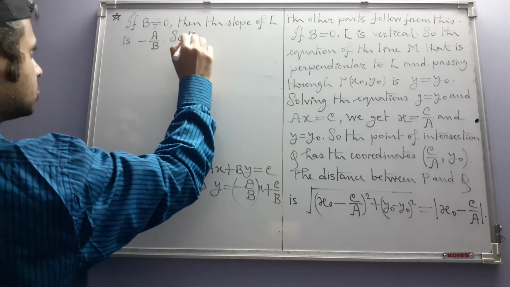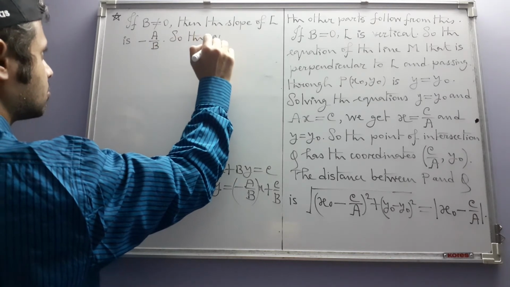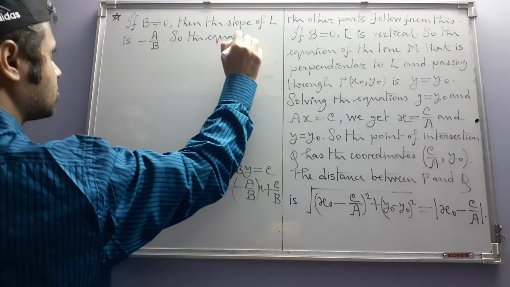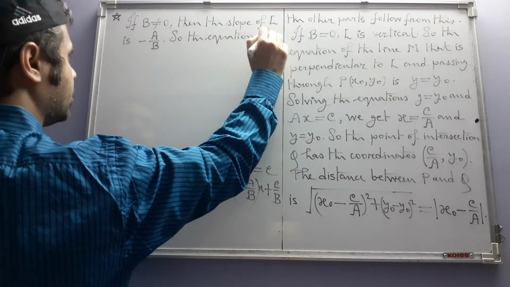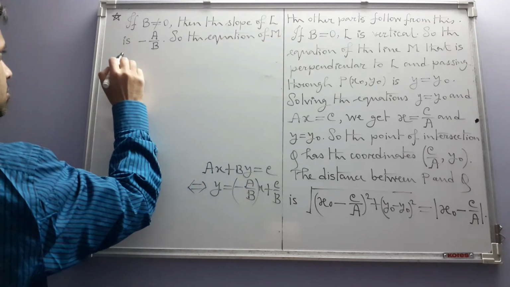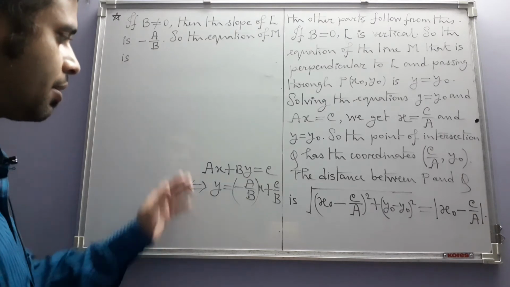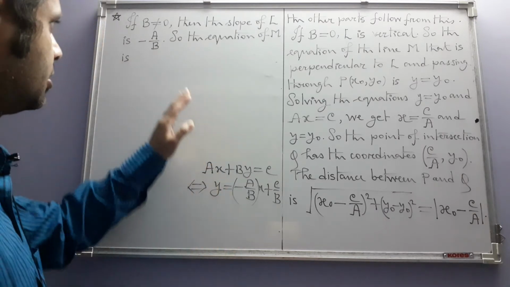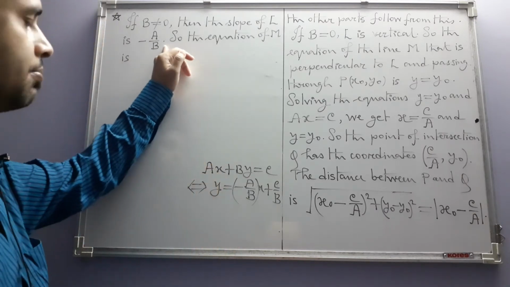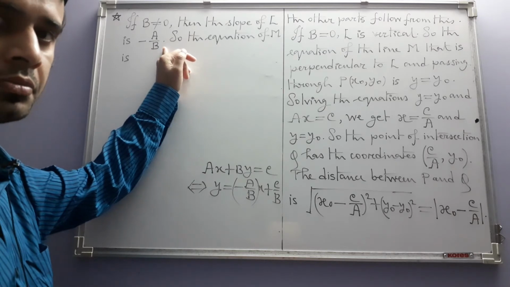So the equation of m is perpendicular to this line, so its slope should be the negative reciprocal of this.